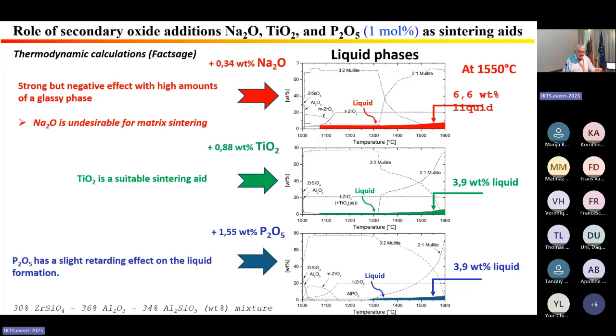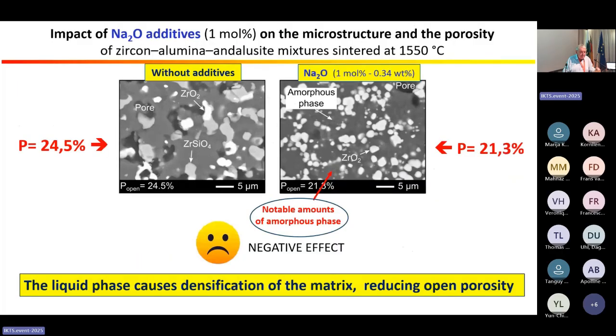This information is obtained by calculation, and it is compared with the evolution of the microstructure and the porosity of a zircon-alumina-andalusite mixture after sintering at 1550 degrees C. We have a comparison without addition and with sodium oxide addition.